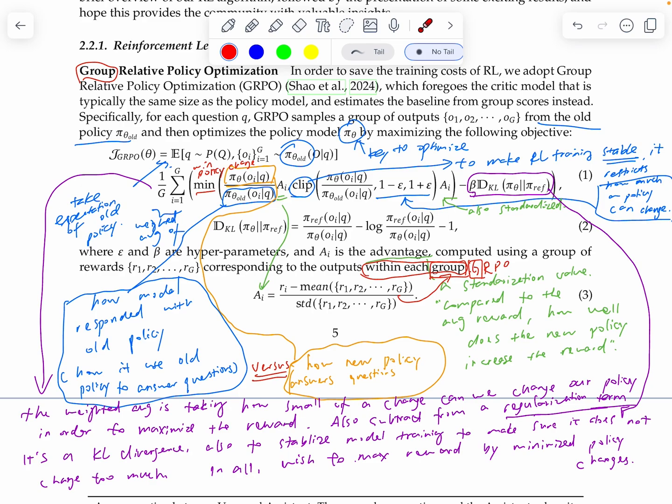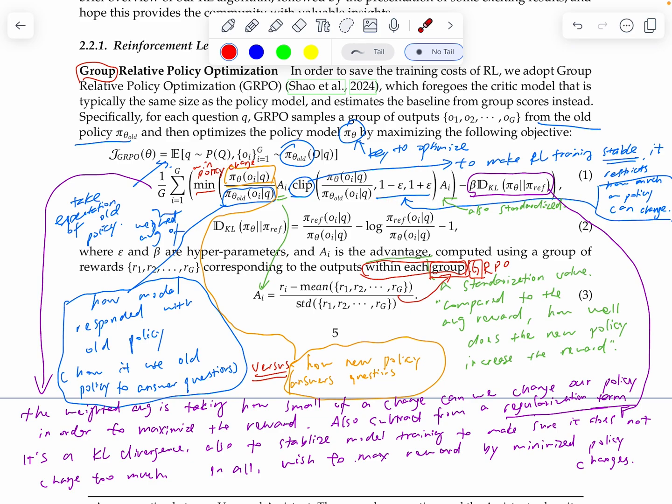Next, inside of this minimization, we have another term, this clip function multiplied by AI, right? That's something to make sure that this RL training is stable. Technically it restricts how much a policy can change within some epsilon range.